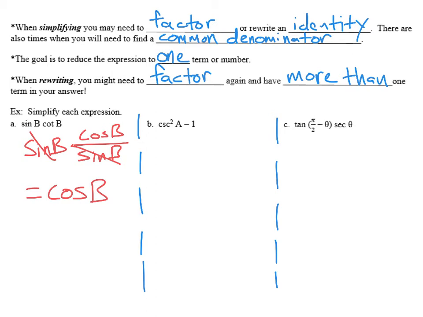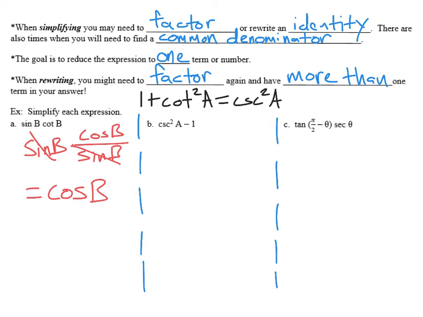Here's another one where we can use an identity rearrange to help us out. On your list on the other slide, you have 1 plus cotangent squared. It says theta, but I'm just going to call it a. Right? 1 plus cotangent squared is equal to cosecant squared.